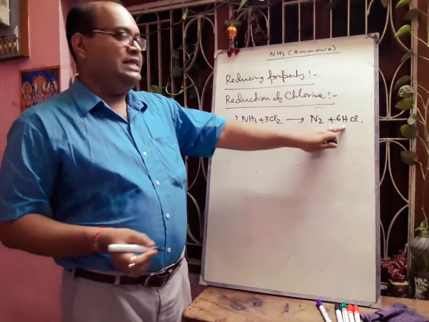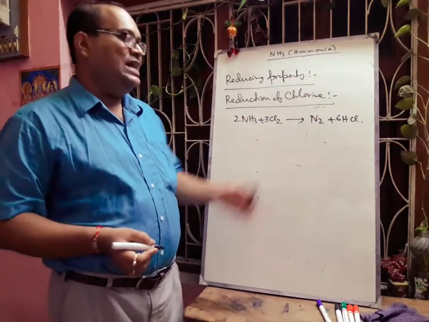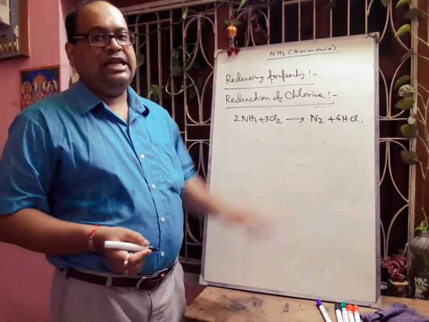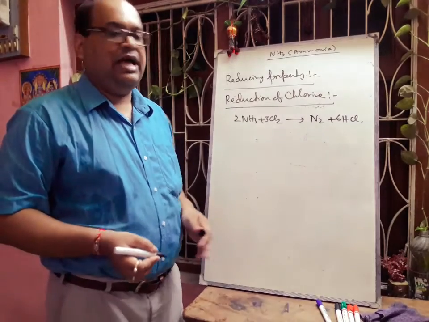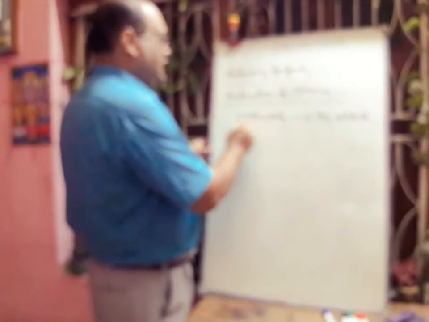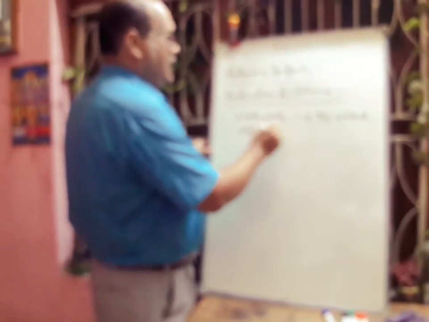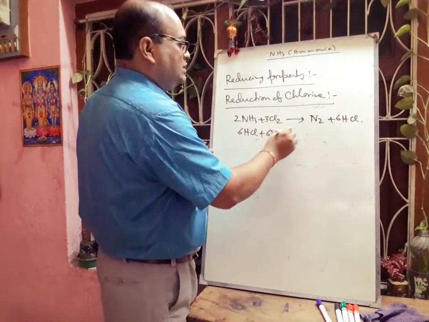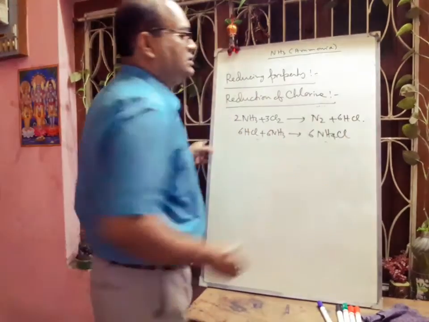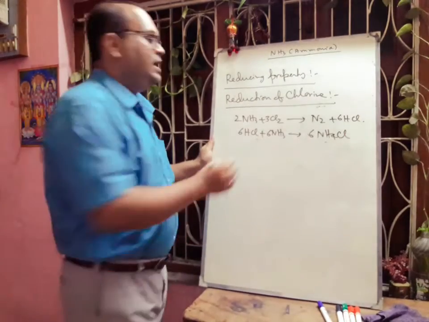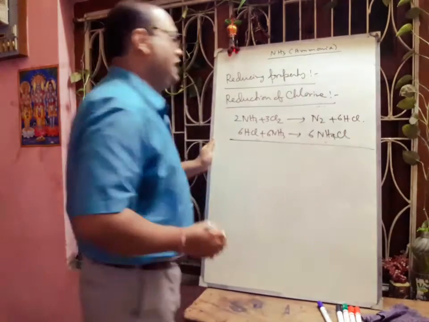And now this 6 HCl, as we have taken ammonia in excess, this HCl again reacts with this excess ammonia gas, forming the ammonium chloride. So this 6 HCl will react with 6 ammonia gas, forming 6 ammonium chloride, dense white fumes of ammonium chloride. Okay, and finally what will be the total reaction?